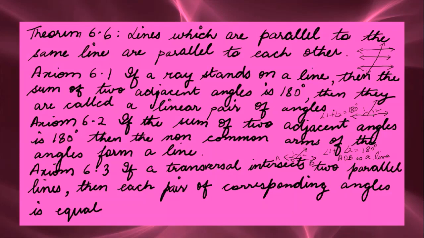Axiom 6.3: if a transversal intersects two parallel lines, then each pair of corresponding angles is equal. Name the angles 1, 2, 3, 4, 5, 6, 7, 8.